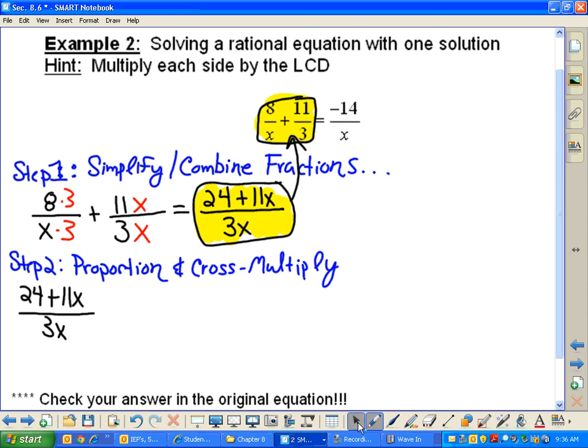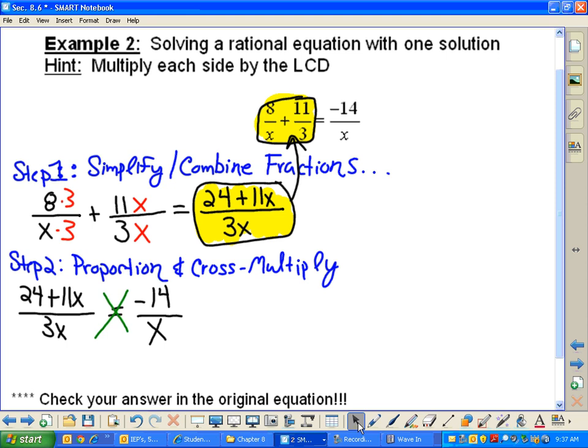So I bring down the condensed version, and now I'm setting that equal to negative 14 over x. And now we have, as promised, a little bit of a tougher proportion to solve. We still use cross products though, so I am going to go ahead and make an x over my equal sign, and I'm going to write my cross products.